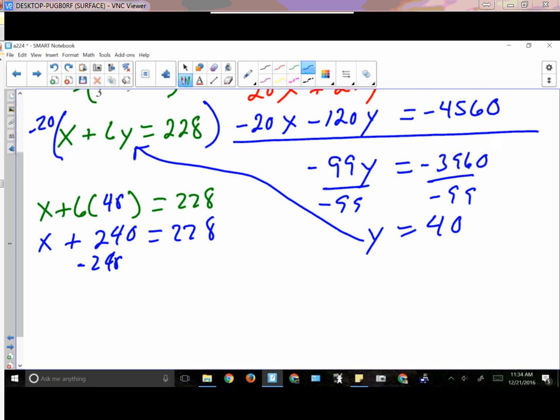Subtract 240, subtract 240, and I end up with x is equal to negative 12. So, as I've gone through and done this one, my answer turns out to be negative 12.